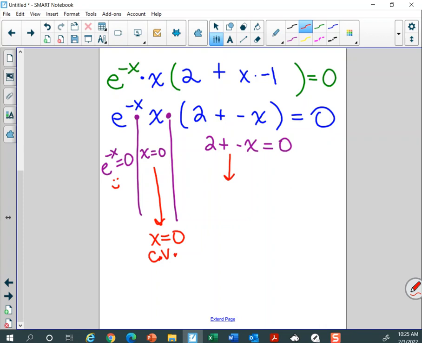This one, well, if 2 plus negative x equals 0, then negative x, if you subtract 2 from both sides, would equal negative 2. So divide by negative 1, x equals 2, and that's a critical value. Or you just look at that and go, oh, if I put a 2 in for x, 2 plus negative 2 makes a 0. You don't necessarily have to do steps to get that critical value of 2.